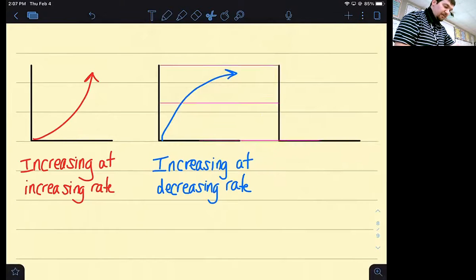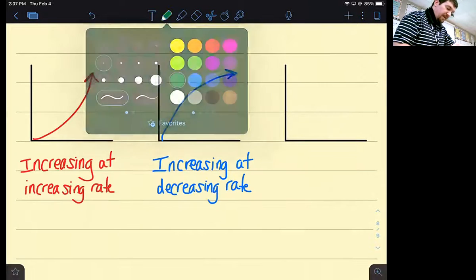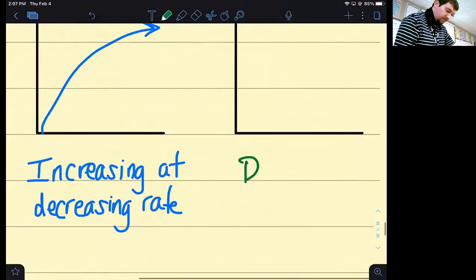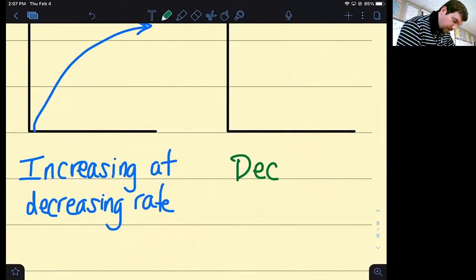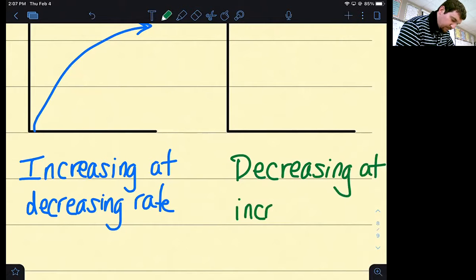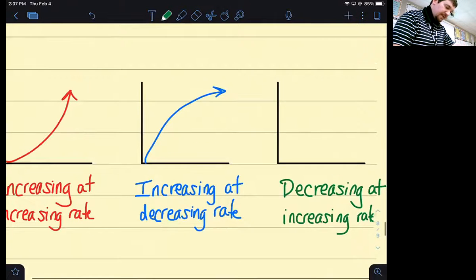I'm going to shrink this so all 4 of them fit together. The next one is going to be decreasing at an increasing rate. Okay, so decreasing at an increasing rate is going to look like this.